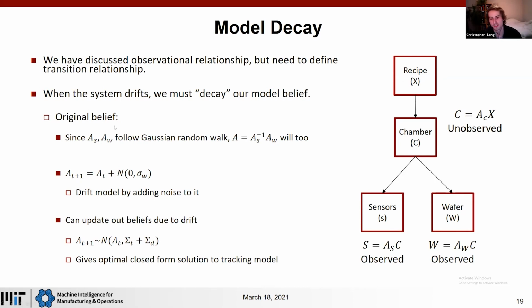I originally thought that since A_S and A_W were following a Gaussian random walk, the system that we're trying to model, A_S inverse A_W, would also follow a Gaussian random walk. And what this would mean is that at each time point, our system would essentially just have a small bit of added noise to it, and we could update our belief just by adding an additional covariance matrix to our existing covariance matrix. And if this was true, this would give us the optimal closed form solution to tracking this relationship between the sensor and the wafer variables.